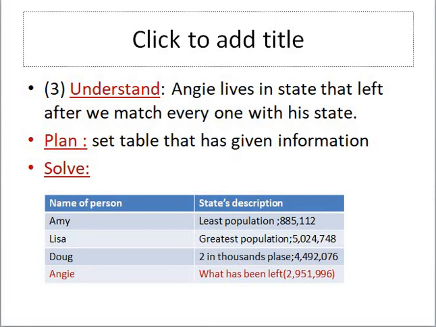Inside this table, I put the name of each person and write next to him the description of his state. What do they tell us about the state? And what is left after I finish everyone according to the description, the state that is left will be Angie's state, whose population is 2,951,996.